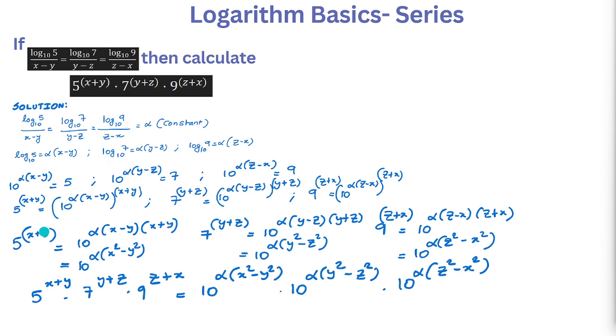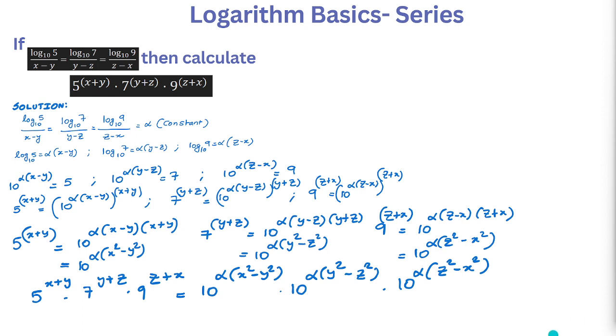Now we have all three of the terms we need: 5 to the power of x plus y, 7 to the power of y plus z, and 9 to the power of z plus x. When we multiply all three of these equivalents, we get 10 to the power of alpha times x squared minus y squared, multiplied by 10 to the power of alpha times y squared minus z squared, multiplied by 10 to the power of alpha times z squared minus x squared.